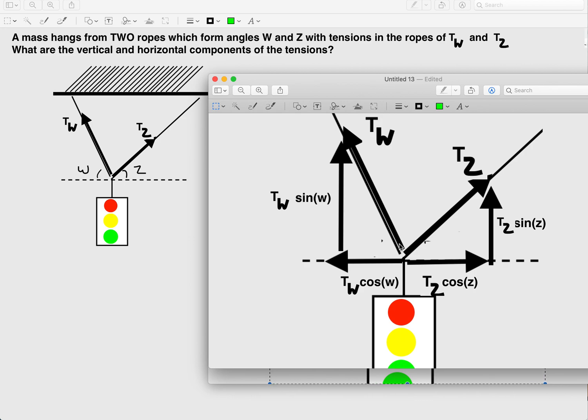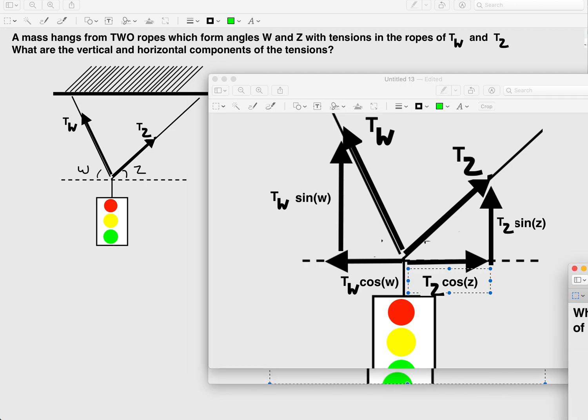If this is hanging and it's not moving up and down, it's not moving side to side, then this tension here that's pulling to the left must be equal to this tension pulling from the right. And now the question I have is more about the up-down components.